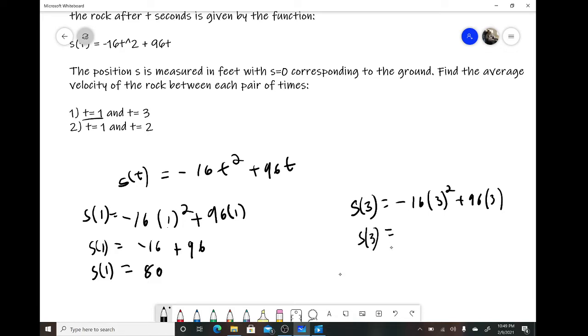That means we have negative 16 times 9 plus 96 times 3, which is 288.